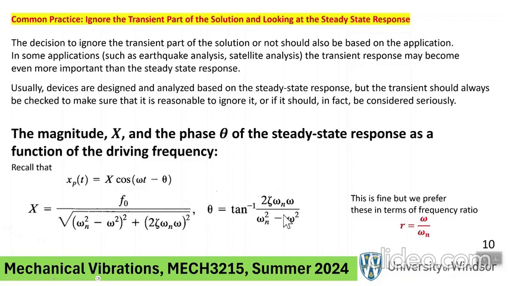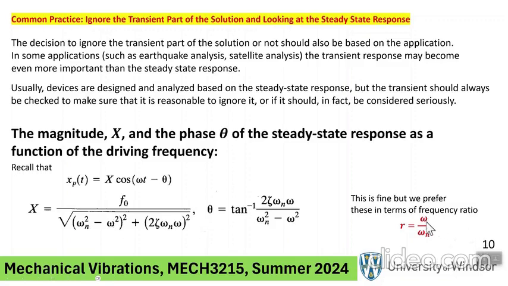Now, for the next few minutes, what we're going to do is rewrite this. In other words, this is fine. There's nothing wrong with it. However, you get more insight into the solution, the response of the system, by writing it in terms of the frequency ratio R instead of omega n and omega separately.